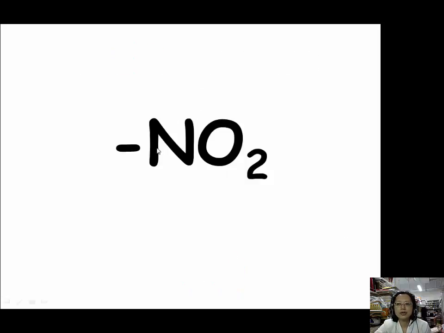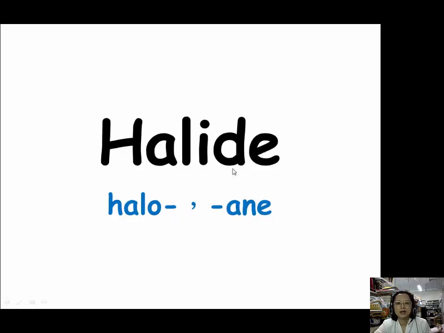Let's review what we just learned. For NO2, we have the prefix nitro and the suffix ane to use. For halide, what is a halide? A halide is a salt formed from a halogen, like fluoride, bromide, chlorine.